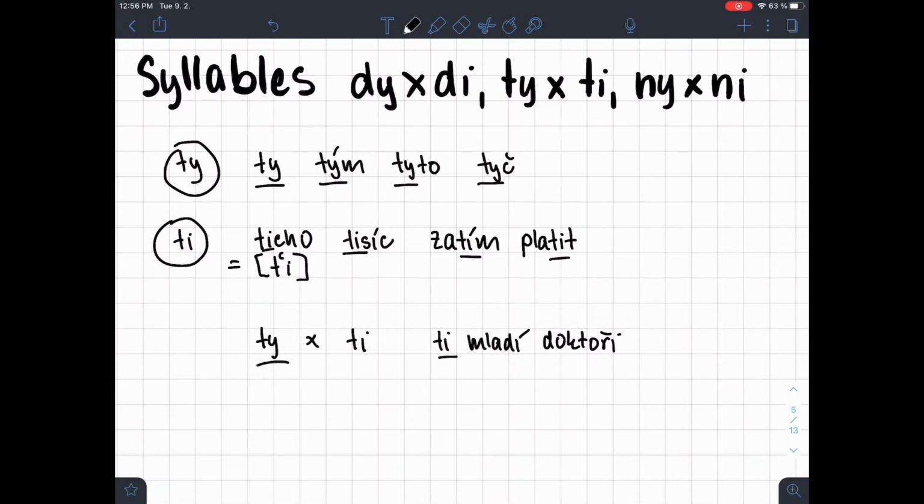Another example. Tykat, tikat. So here, the meaning is different. The first tykat comes from the pronoun ty. So tykat is from, for example, the phrase můžeme si tykat, which means something like, can we be informal with each other?